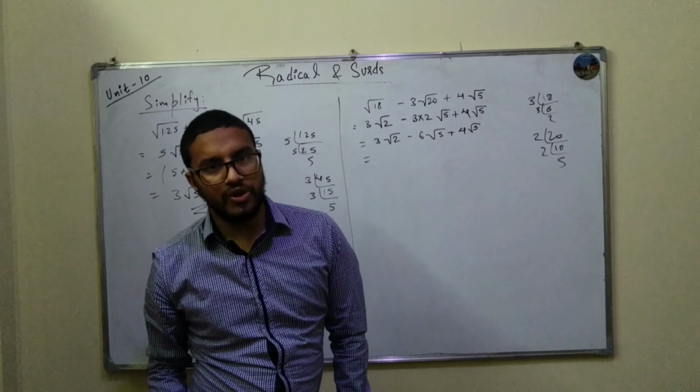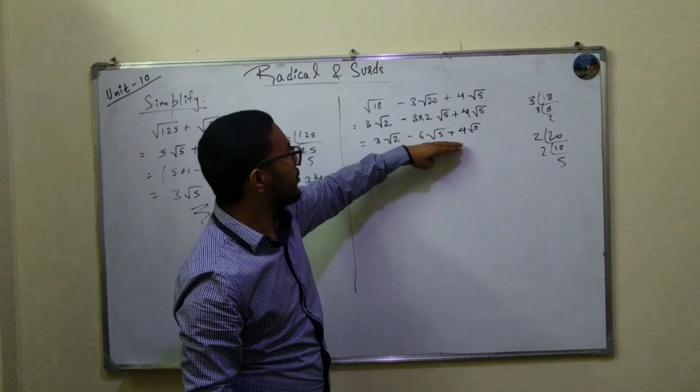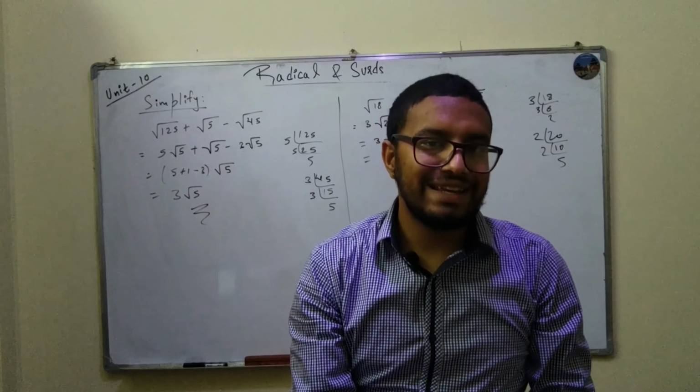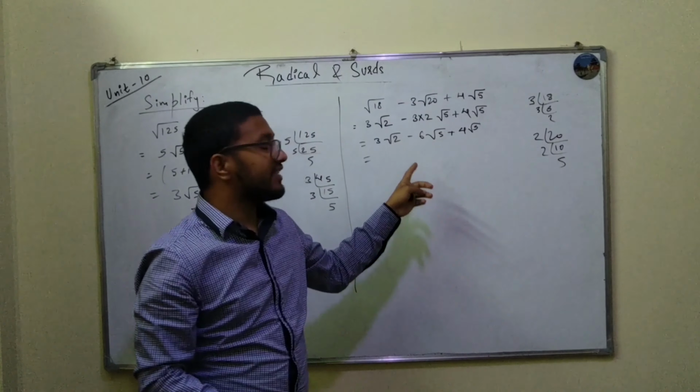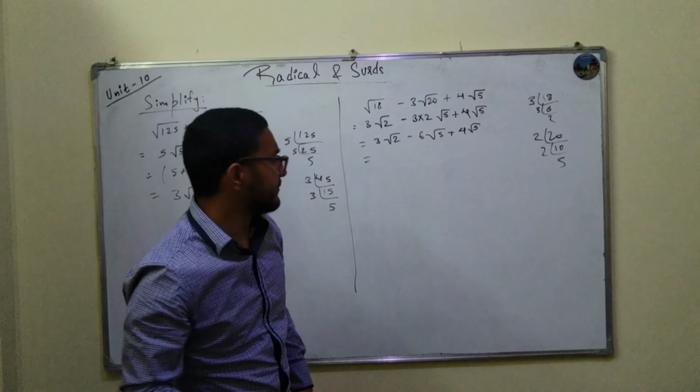So what do we do now? See, the radicand is different. So what we do now is, remember, the rule is always that if the radicand is the same, then only we can add them or subtract them, right? Since the radicand is different for the first one, we won't touch it.